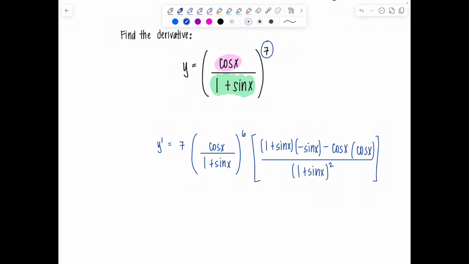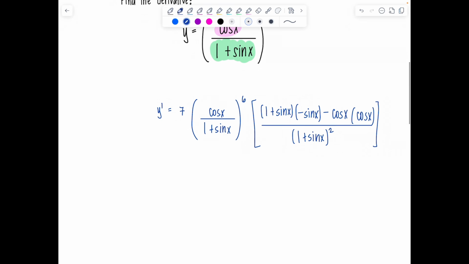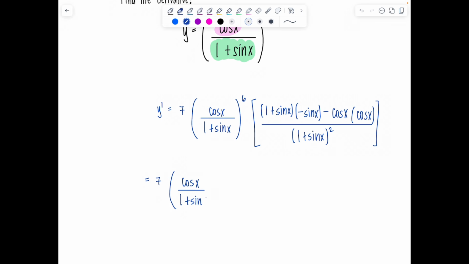Okay, from here we have to clean up, and this is another place where a lot of students get tripped up. So we have 7. Let's leave all of this alone for now: cosine x over 1 plus sine x, raised to the 6th. Now, I can't factor and cancel anything, so we're just going to distribute. This is going to be negative sine x minus sine squared x minus cosine squared x, over the quantity 1 plus sine x, squared.